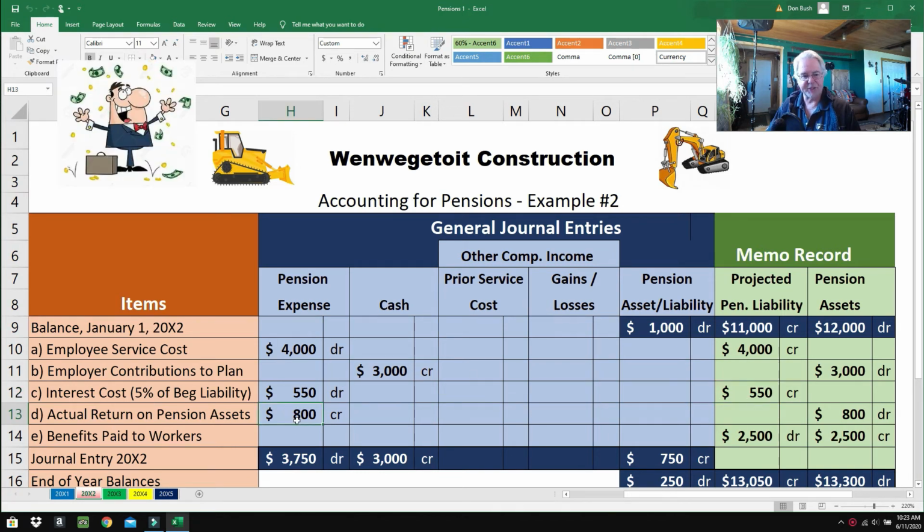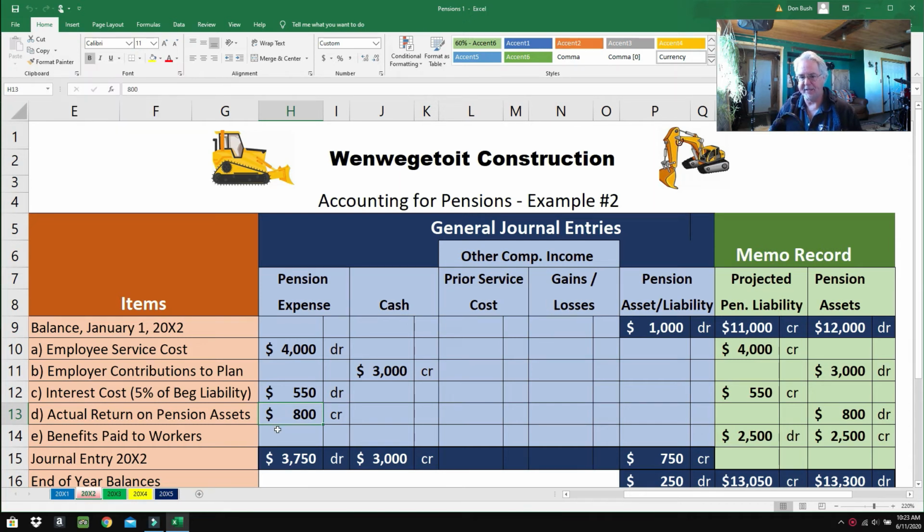The actual return on pension assets. Well, the pension had a good year. They made some money. They made some good investments, maybe earned interest and dividends. So what we're doing is putting it under pension expense, $800, but as a credit, not a debit. So why is it a credit?